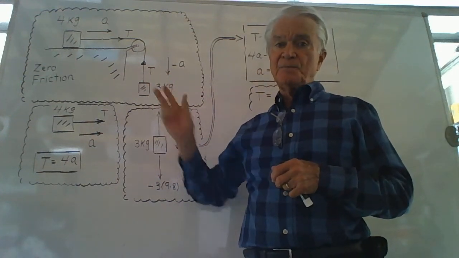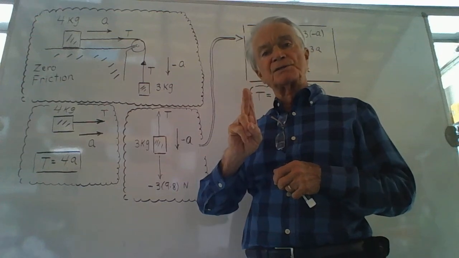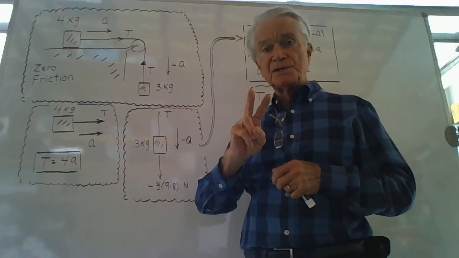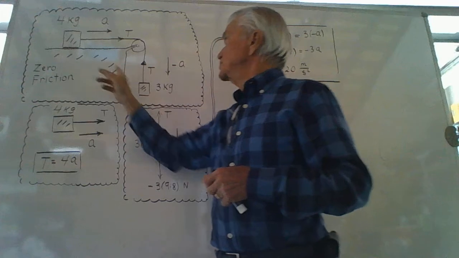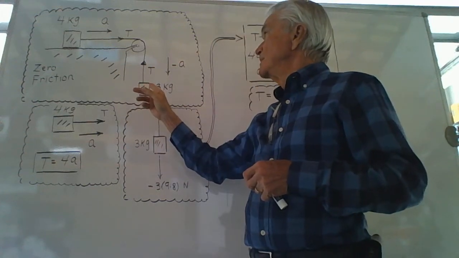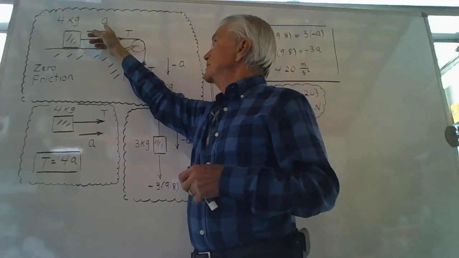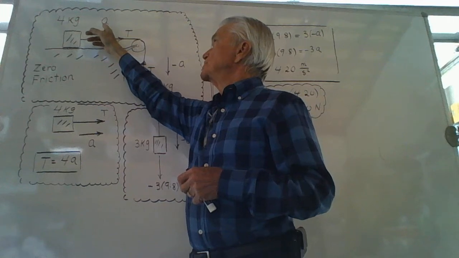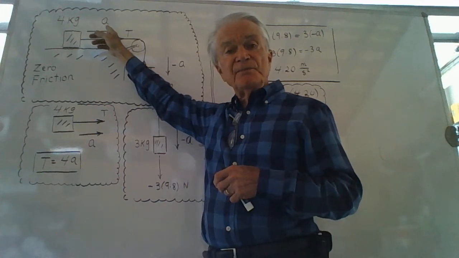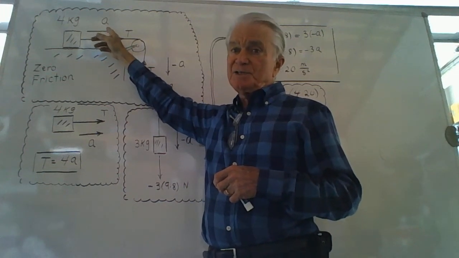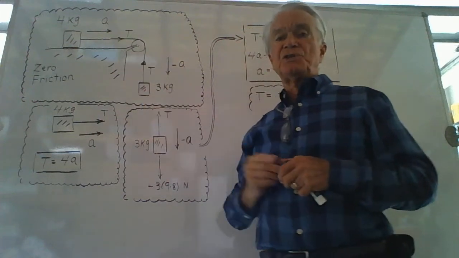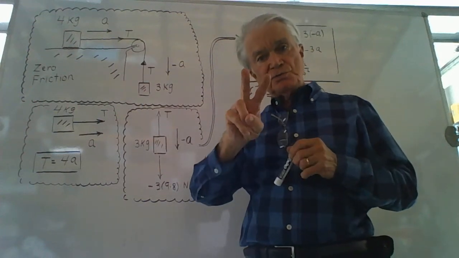Consult the diagram. There are a number of known quantities, the masses, but there are two unknowns, one of which is the acceleration A value. The value of A is unknown, and the tension in the string is unknown. Two unknowns.